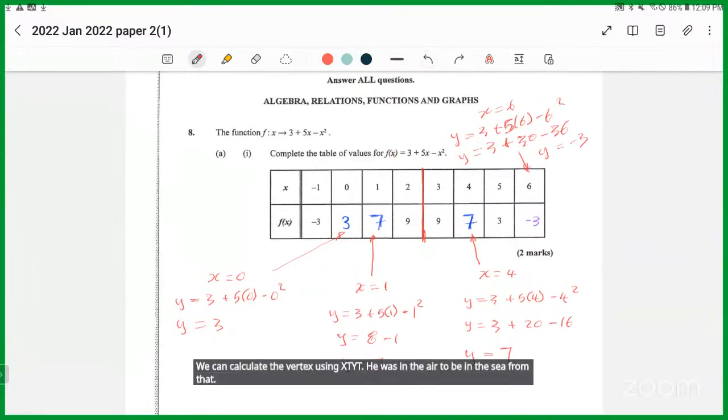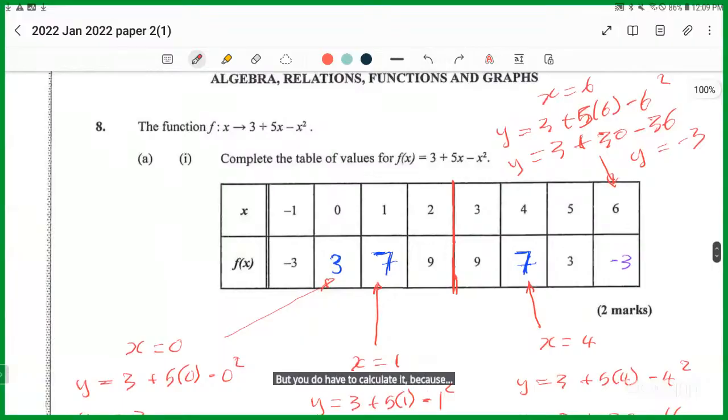But you don't have to calculate it, because the x value at the turning point is equidistant between those two values, between 2 and 3. Halfway between 2 and 3 is 2.5. The axis of symmetry is on this line, this red line. This red line divides these y values equally to the left and to the right.